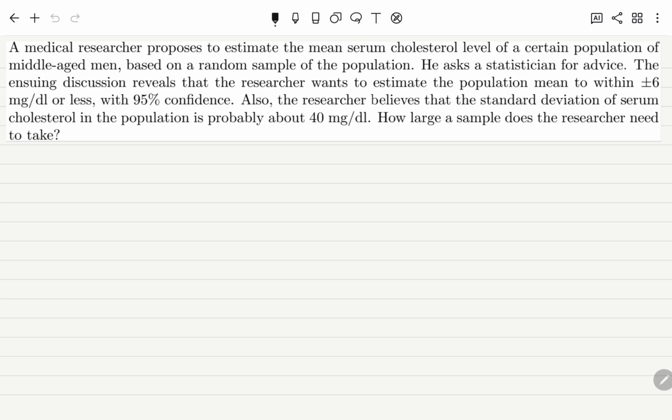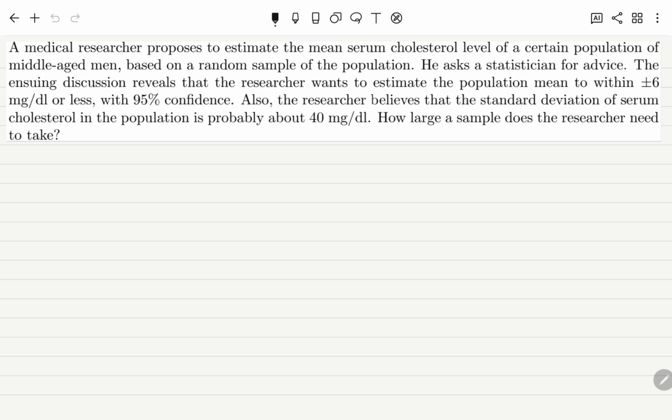The ensuing discussion reveals that the researcher wants to estimate the population mean to within plus or minus 6 milligrams per dl or less, with 95% confidence. Also, the researcher believes that the standard deviation of serum cholesterol in the population is probably about 40 milligrams per dl. How large a sample does the researcher need to take?